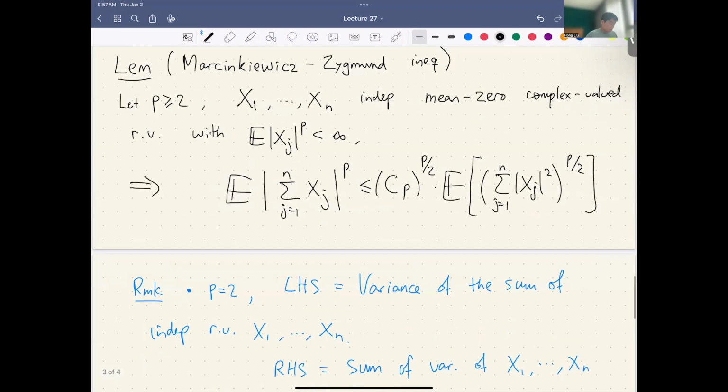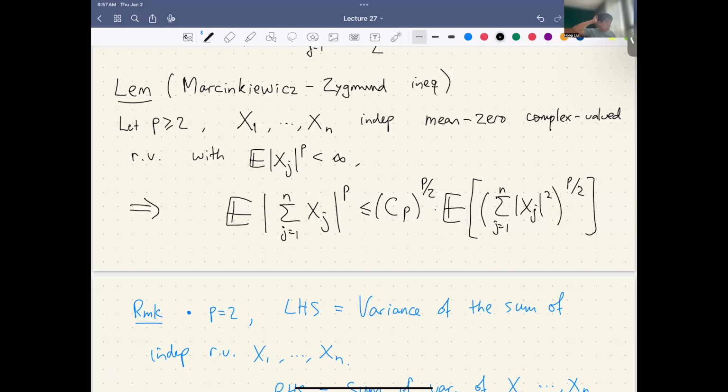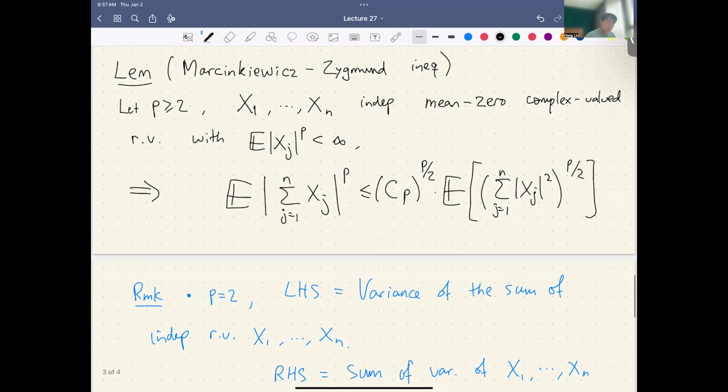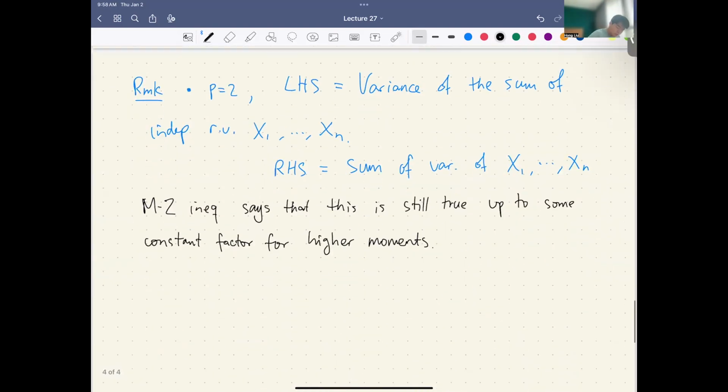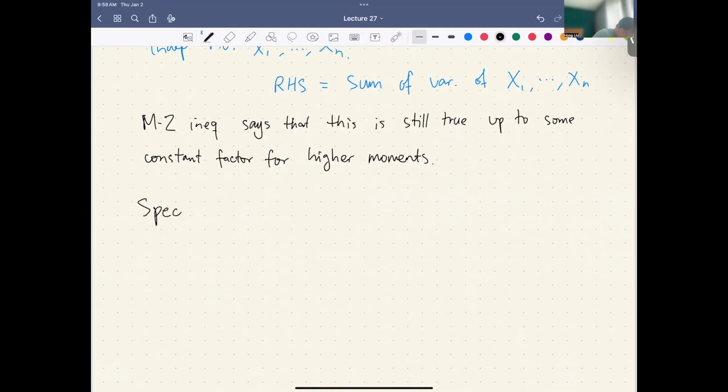So we will not prove this general form. Let's look at a slightly more special form for real valued random variable, where we assume each random variable in absolute value is bounded by 1. In this case, we will see that this inequality is basically saying law of large number. So let's see the special case. And this special case is a simple proof.